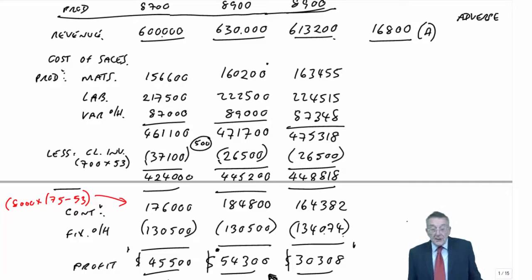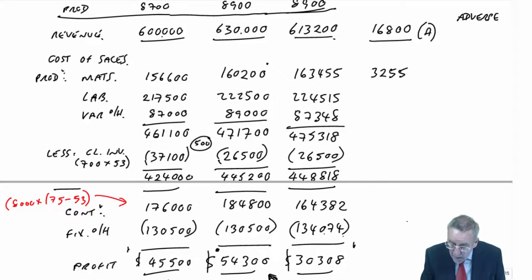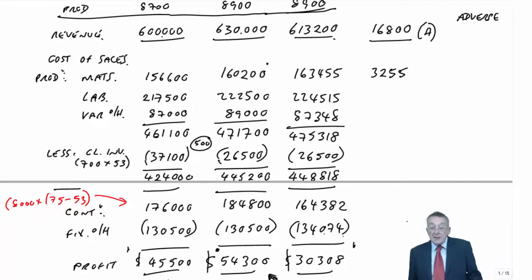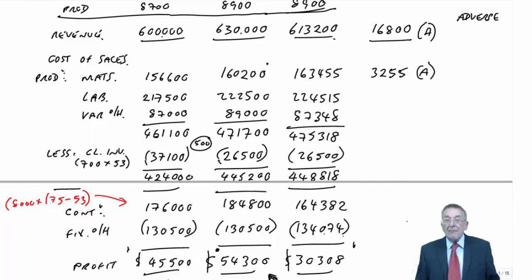Next one, materials. Materials, we spent more than we should have. How much extra have we spent? £3,255. And again, how's that going to affect profit? If we spend more on materials, we'll end up with less profit. So again, it's adverse.